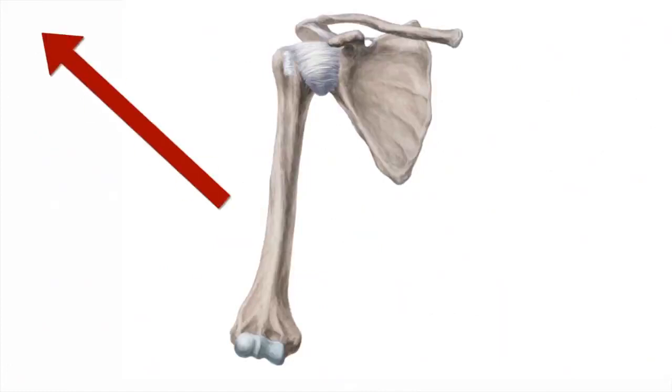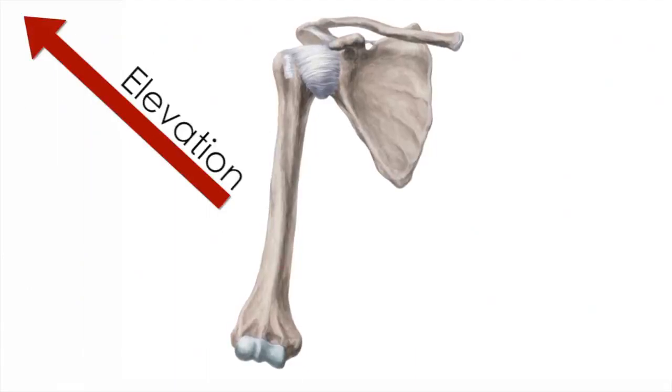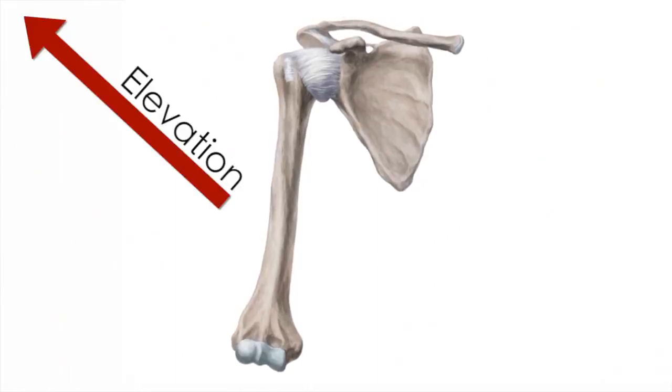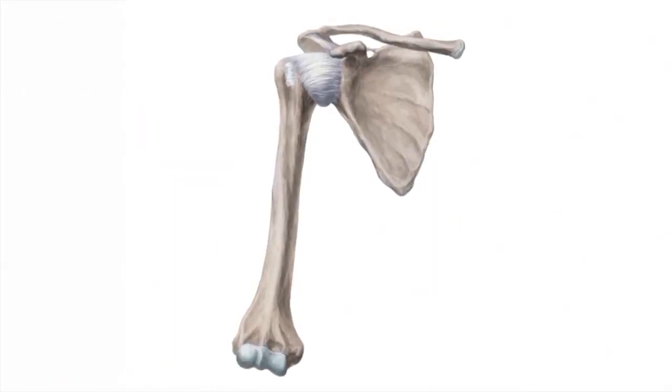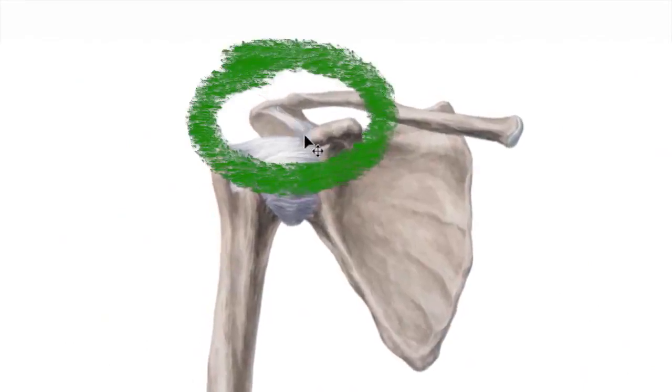You do have elevation, which is excessive associated scapular movement, which will happen with abduction of more than 90 degrees, say if you're lifting your arm high enough to hail a cab or a taxi. This happens because the joint movement is restricted by the coracoacromial ligament that you have here.